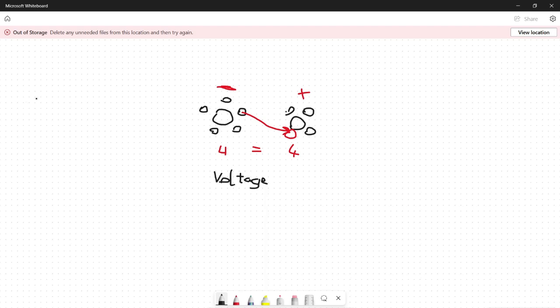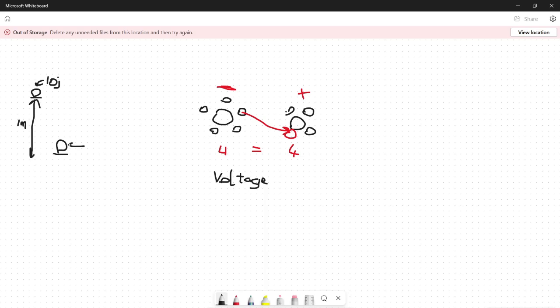If we think about it in terms of a mechanical circuit, voltage would be, let's say, the change between potential energy. So if we were to place a ball up here that's 1 meter in the air, let's say it has a potential of 10 joules of energy. And we put a ball on the ground that has 0 meters.